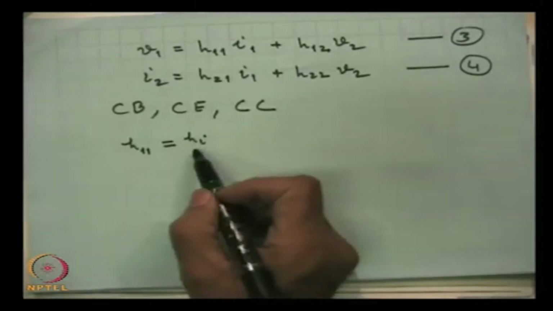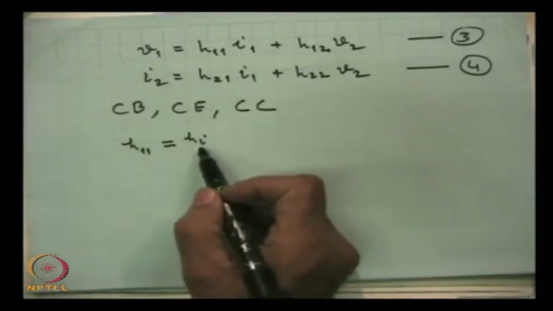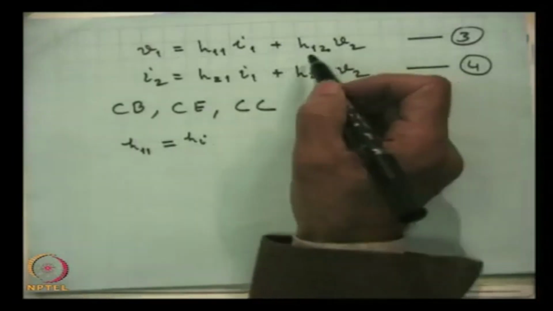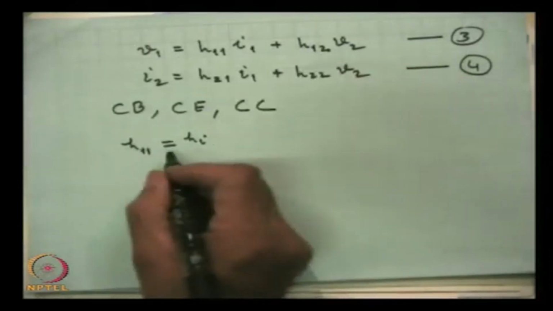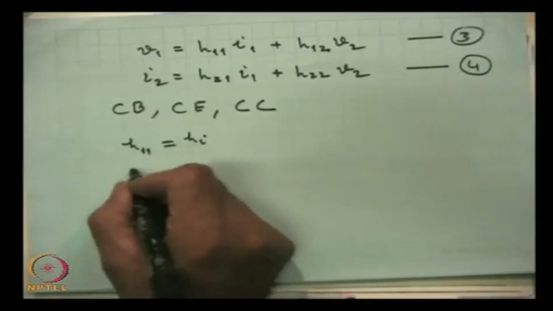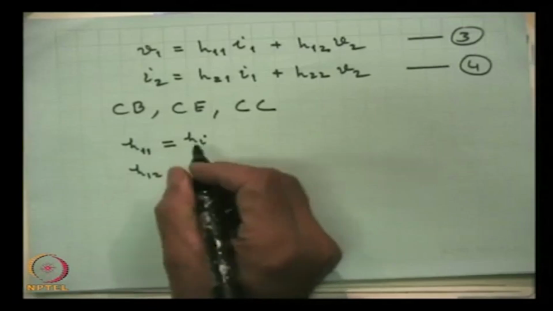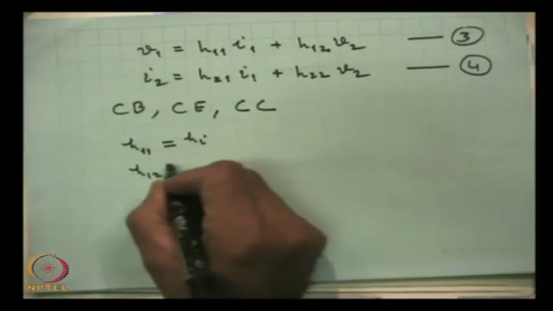I stands for input impedance, so I for input, and similarly H12 is a reverse voltage ratio.